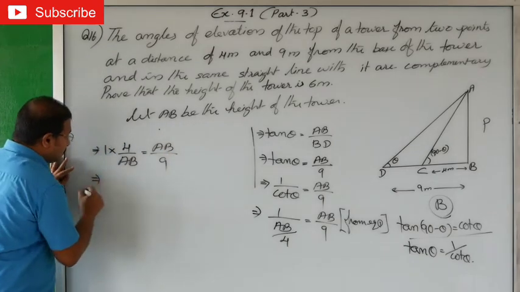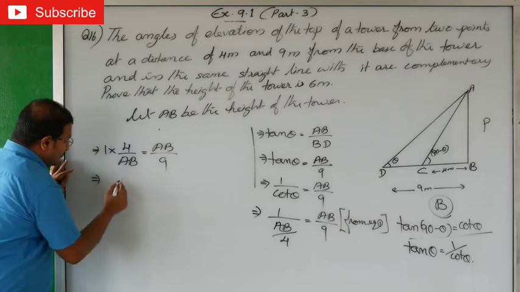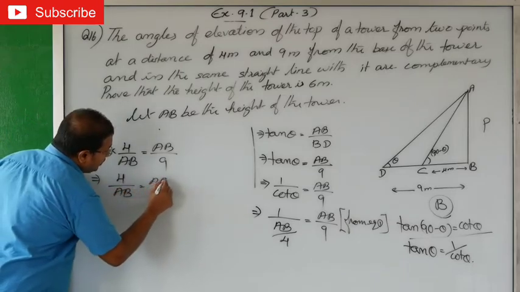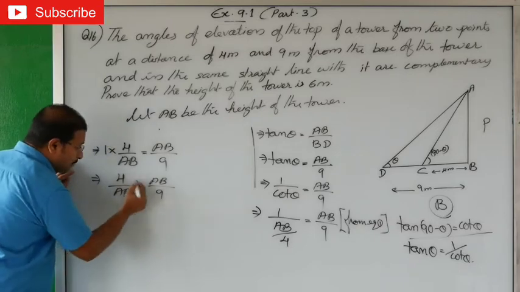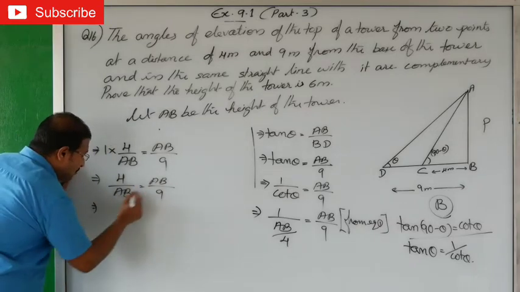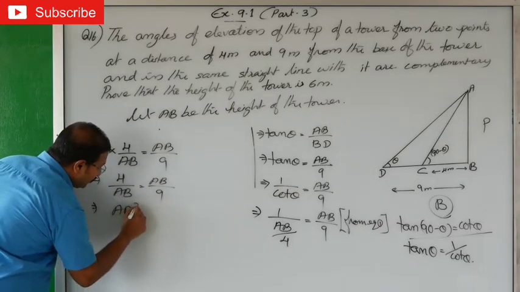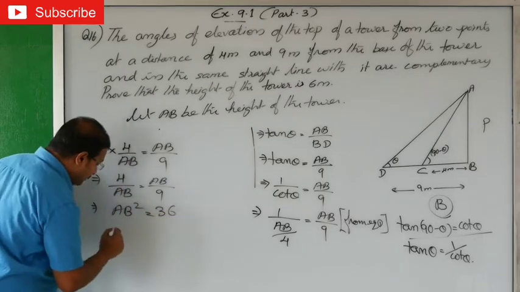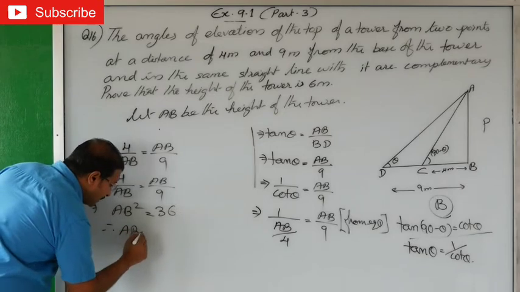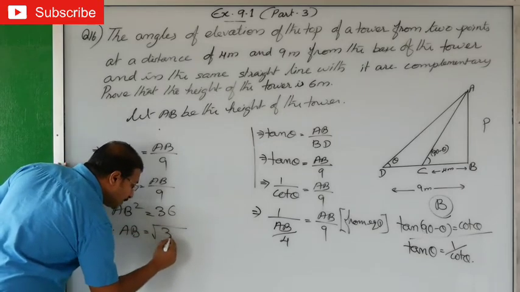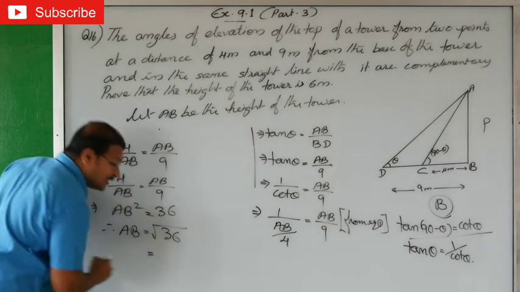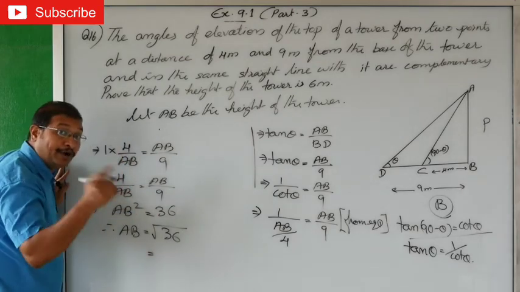That means 1 into 4, 4. 4 by AB equals AB by 9, cross multiplying. This implies AB into AB, AB square equals 4 9s are 36. Therefore, AB equals square root of 36, because the square goes to the other side. Square root of 36 means 6 square is 36, isn't it?